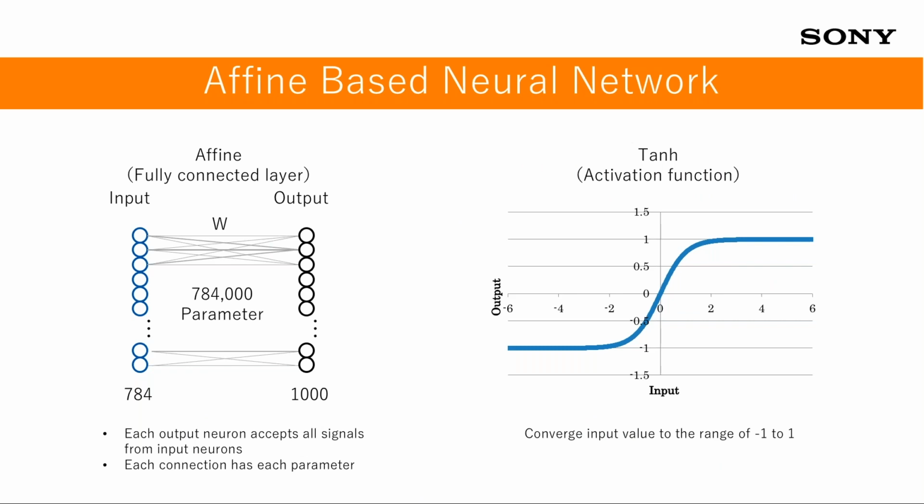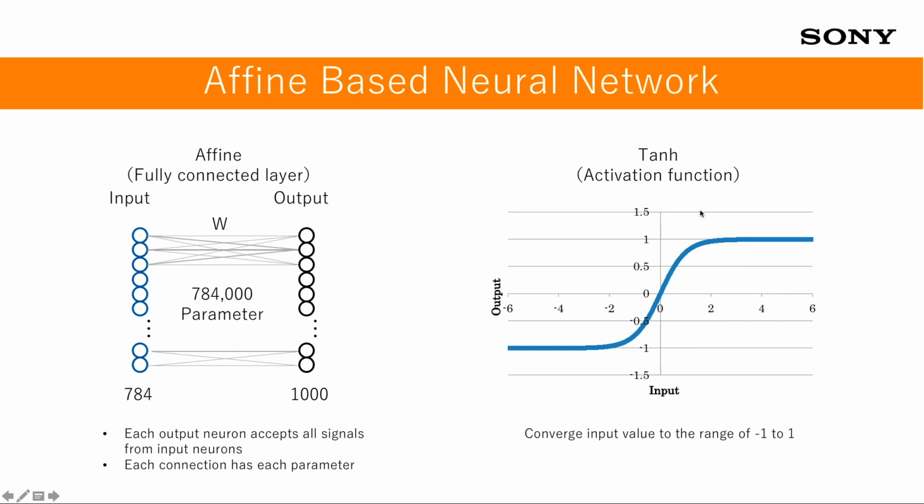Let's see what affine is and what tanh is. When we say affine, it is nothing but a fully connected layer. What is a fully connected layer? It means that whatever inputs you have, they have to be connected to all of the outputs. So here I have 784 inputs, and my output is 1000. It means that I have 784,000 parameters, because I need to connect each of these inputs to the outputs.